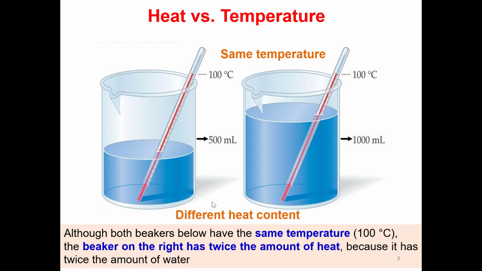However, the amount of heat is not the same, because in one of the beakers we have twice the amount of water, and this is why we have twice the amount of heat. I want you to know that heat and temperature are not the same, but they are related.